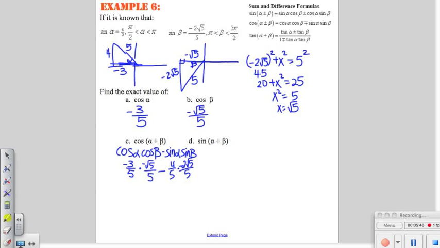If I do a little simplifying, multiplying on the top and the bottom, it looks like 3√5/25, plus 8√5/25, and that adds up to be 11√5/25.